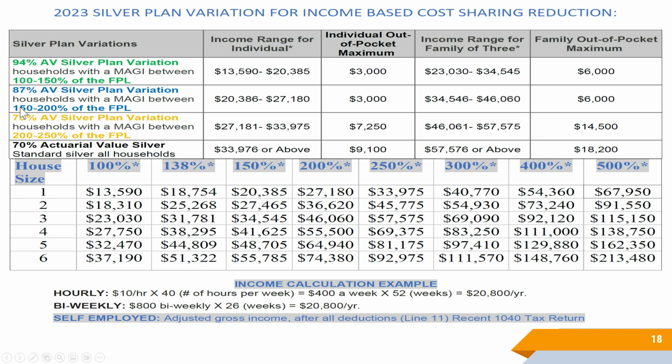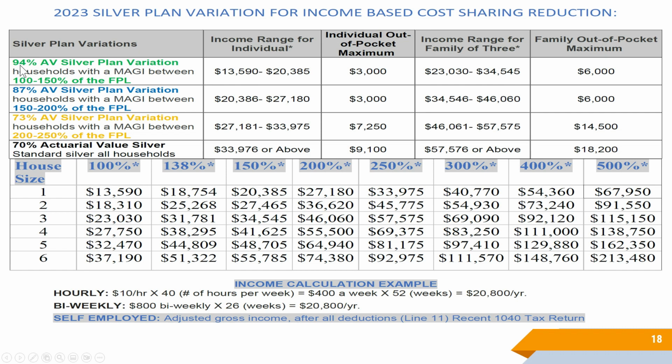If their income is between 150 to 200% FPL level, which is 20,000 to 27,000 as an individual, their silver plan is going to cover 87% of the out-of-pocket. So this specific silver plan is better than the standard gold plan. If the person's income is between 100% to 150% of the FPL, which is $13,590 up to $20,385, then they're going to qualify for a silver plan that covers 94% of the out-of-pocket.